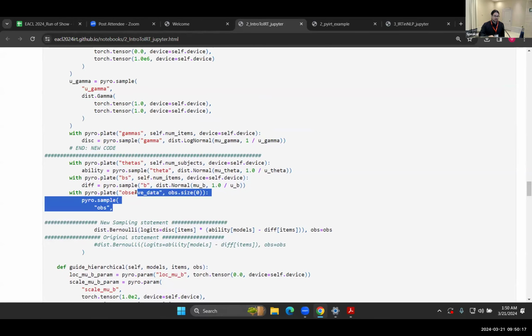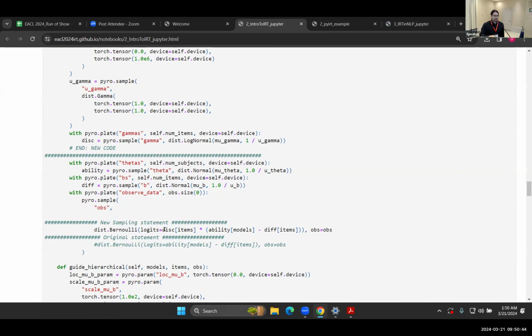The thing we care about here is that we observe some data. The observed data is that XY matrix. And that observed data is just the response patterns for a given item and subject. And from there, we're saying that this is sampled according to a Bernoulli distribution. So flip a coin based on these logits. And these logits match the IRT equation that John was talking about.